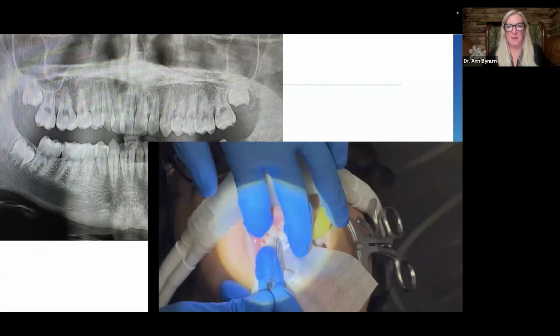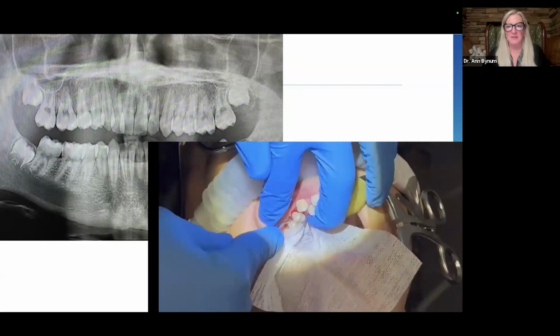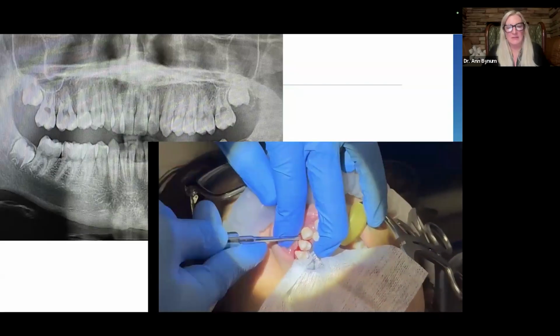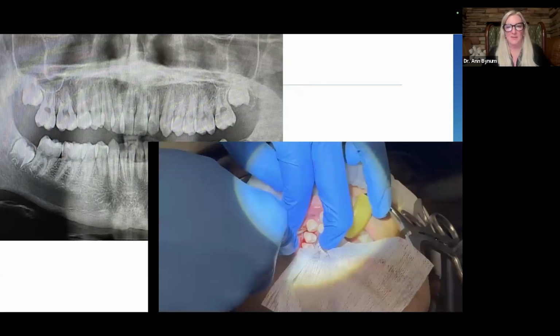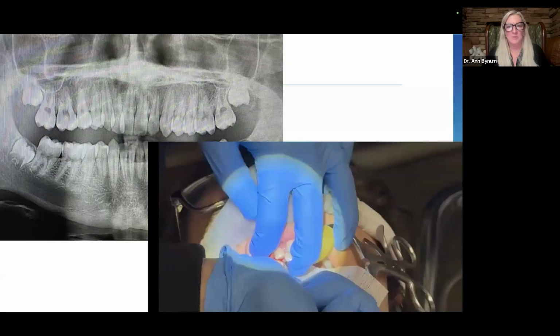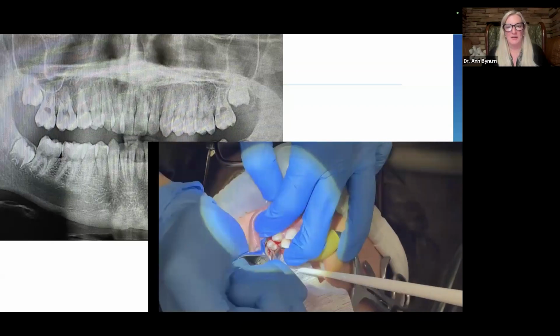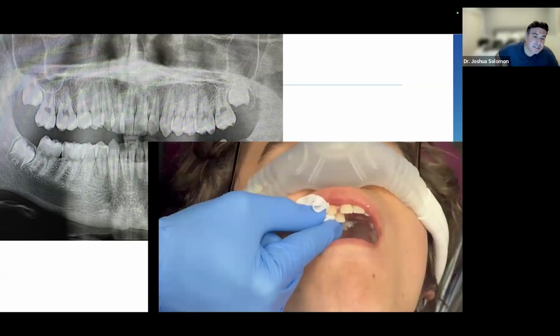So again, you've numbed the patient, the mouth prop goes in, elevating. That's the weird thing to me: I can totally crush you with this elevator and you don't care. They don't react. It's just the level of profound anesthesia we get is so different than just giving an infiltration.